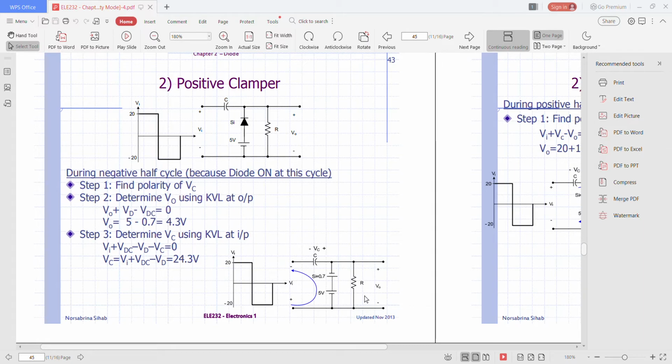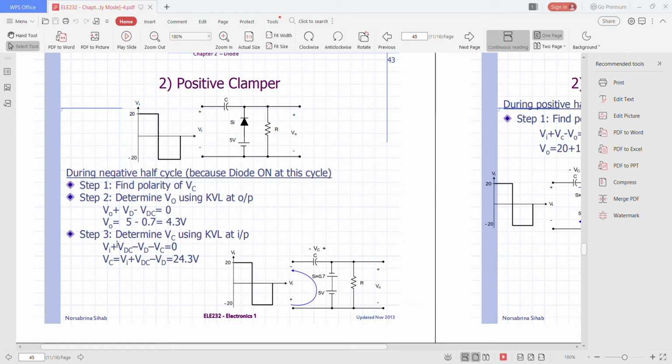So it depends on you. Okay, so here Vout will be equal to 5 minus 0.7 volt. This is the value after you substitute the value of diode and also VDC. Here you can get the output voltage equals to 4.3 volt.